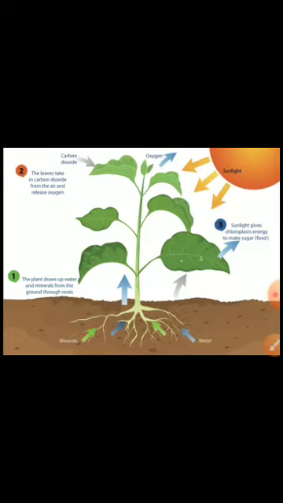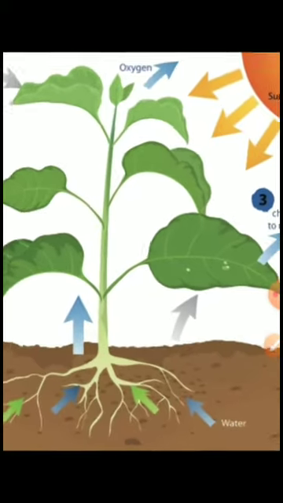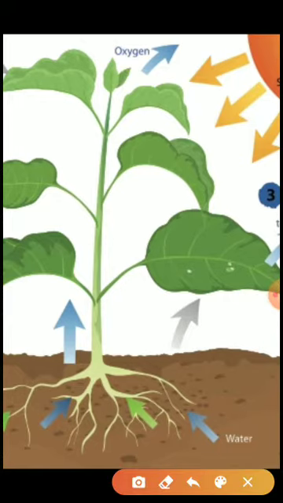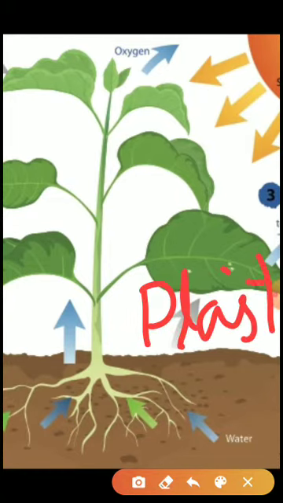And dear student, this plastid is found in the leaves of the plants. These are the leaves, and these leaves are having plastids. Therefore, these plastids or chloroplasts perform the function of photosynthesis by trapping the sunlight.